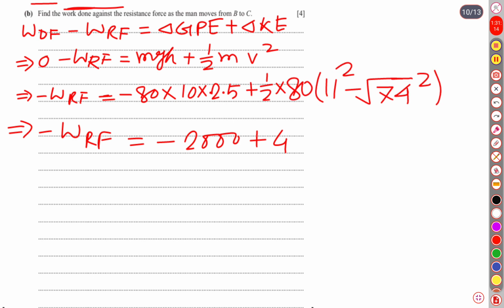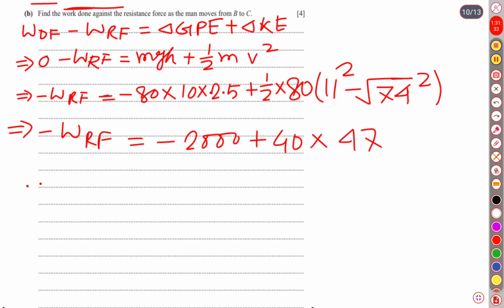So it is 40 into, subtracting 74 from 121, we will get 47.